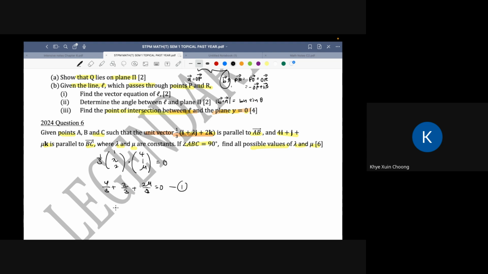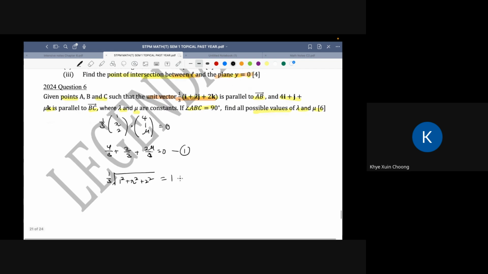So the magnitude of this, which is 1/3, 1 square plus lambda square plus 2 square, should equal 1. You can solve for this. You have two equations and two unknowns, so you can solve for lambda and mu. You should get two values of lambda, and another two values of mu.